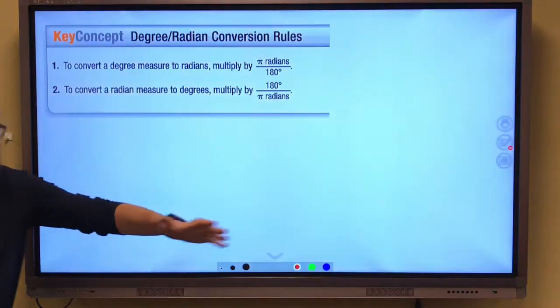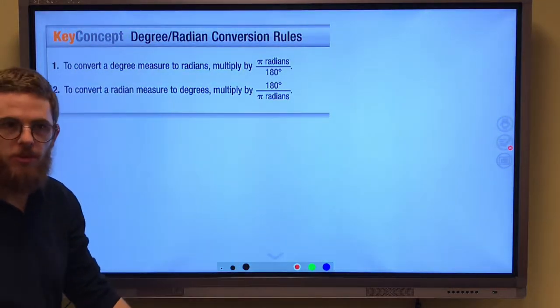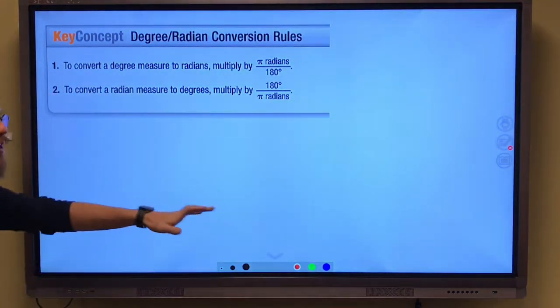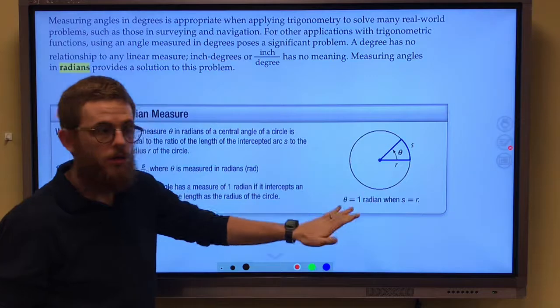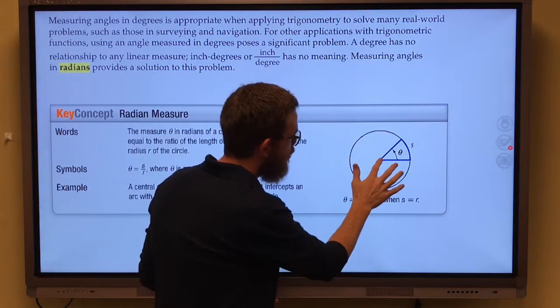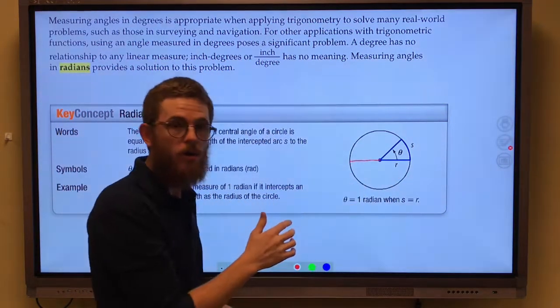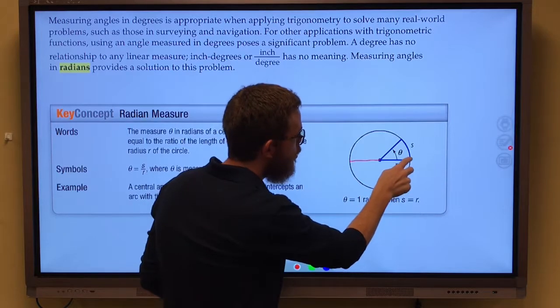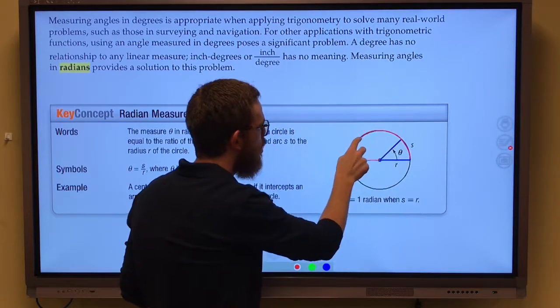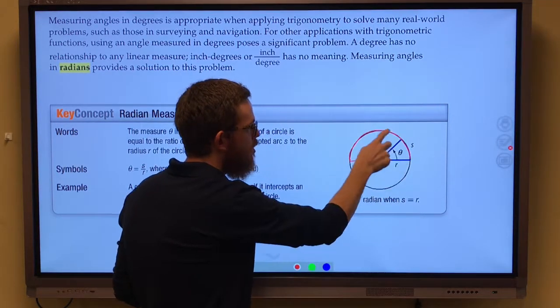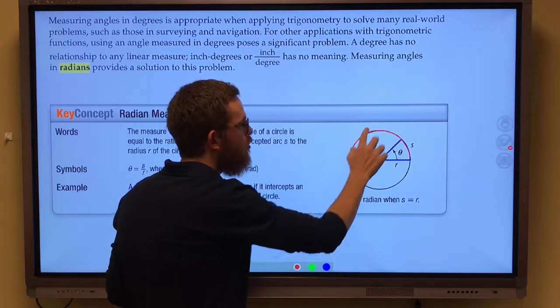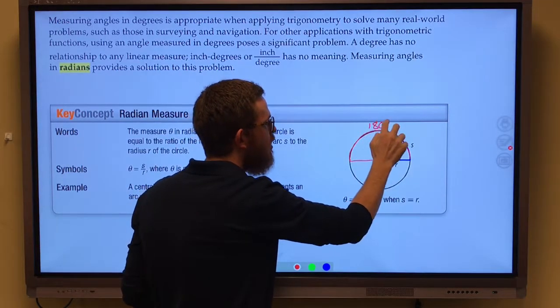Now, to convert between degrees and radians, it's actually pretty simple, okay? Because if we think about it in terms of a circle, it really does condense down pretty well. Half of a circle, that's 180 degrees.